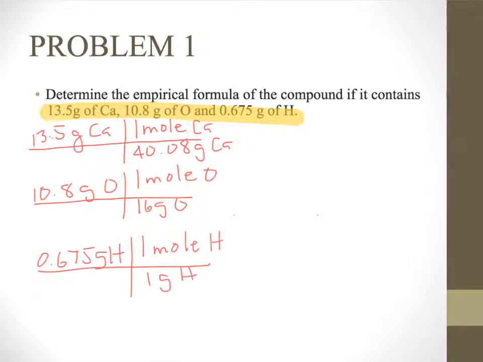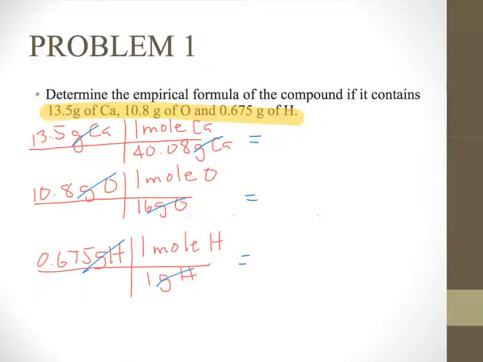Let's solve for this. First, we're going to eliminate the common unit. So in this case, for calcium, we can eliminate the grams. For oxygen, the same thing. And for hydrogen, the same thing. And that just leaves us with the moles for each one.